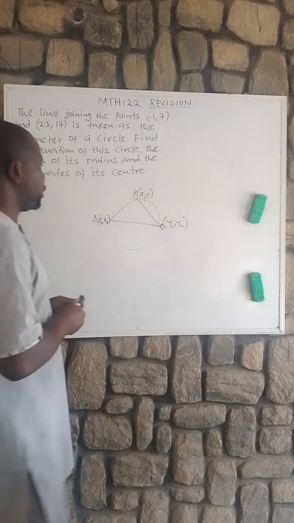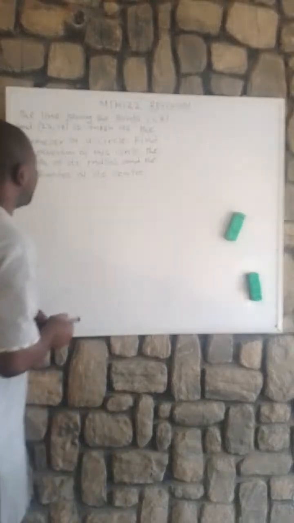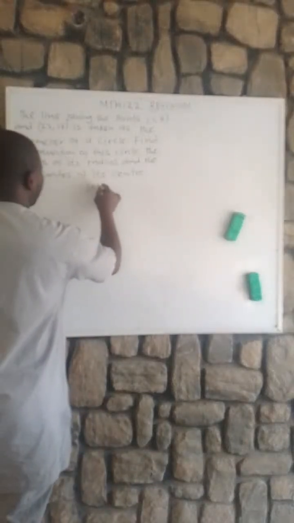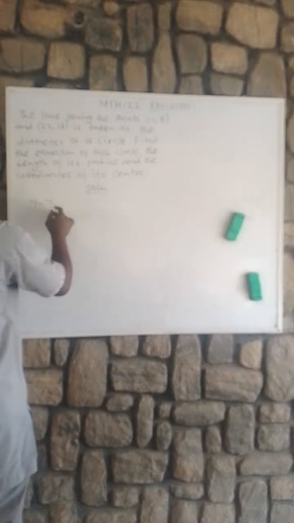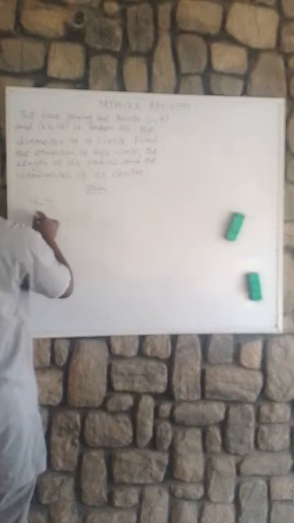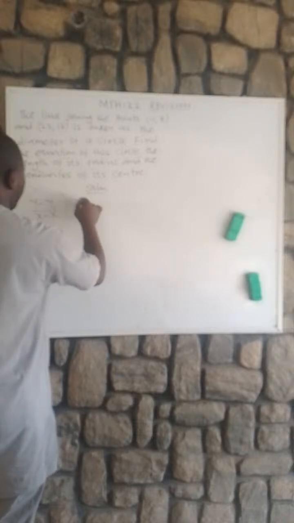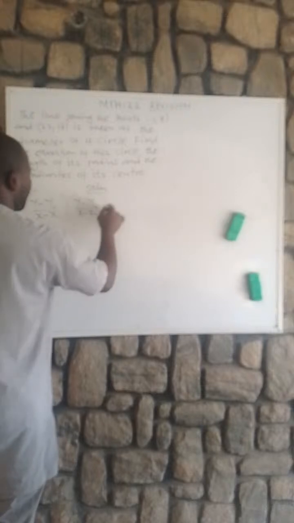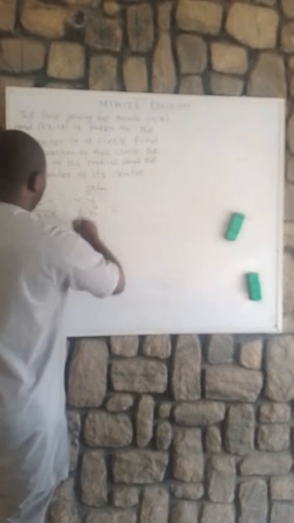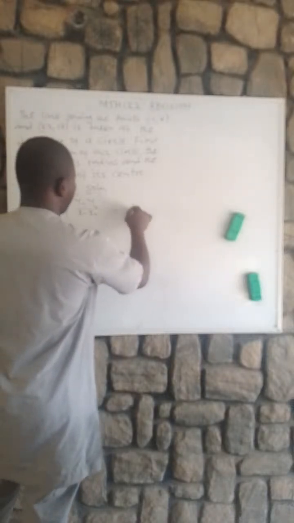But what you need to consider is, let's write the solution. The formula is given as (y minus y1) all over (x minus x1) times (y minus y2) all over (x minus x2), which is the product of the two gradients, equals minus 1.